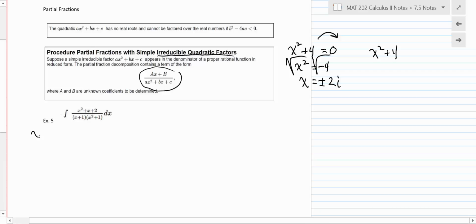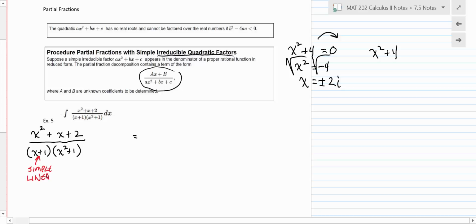So let's set this up. You want to write this down. This is x squared plus x plus 2 over x plus 1 times x squared plus 1. So you want to get that kind of setup. Now this thing right here, we call that a simple linear factor.